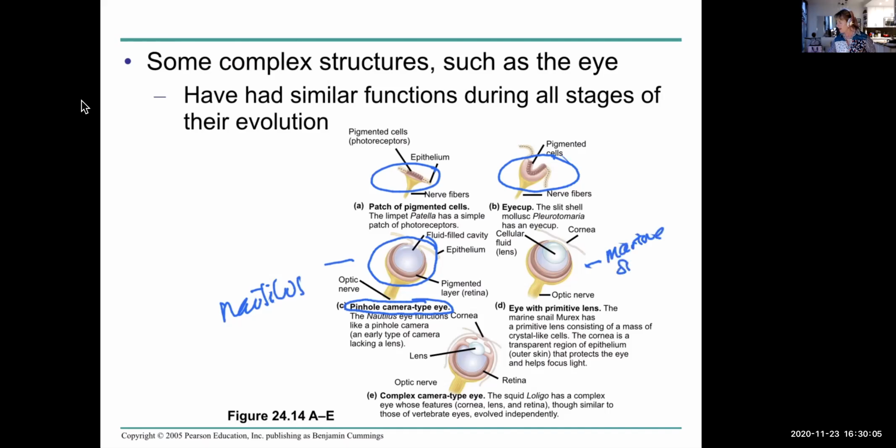So you can see various kinds of eyes in nature. There's not just one kind of eye. Some of them are simpler, like the pigmented eye. This is called an eye cup of a mollusk. But the complex camera type eye, this is a squid eye.